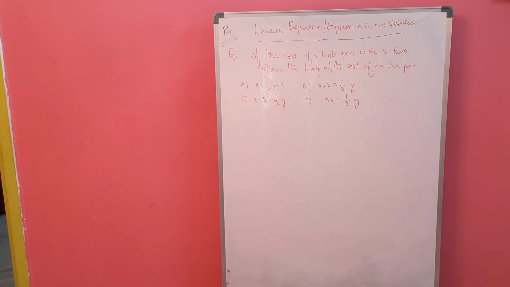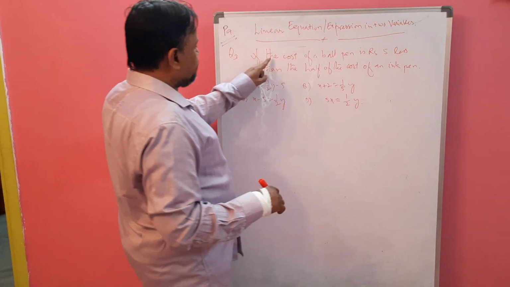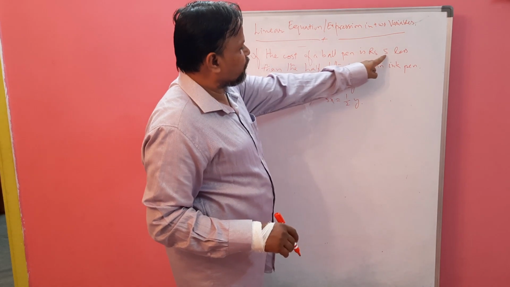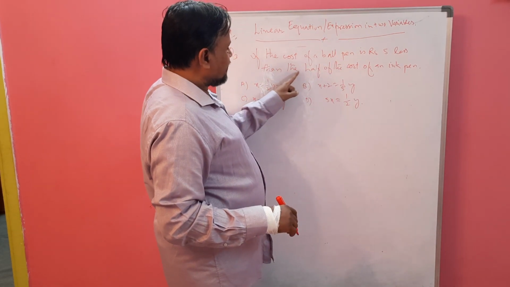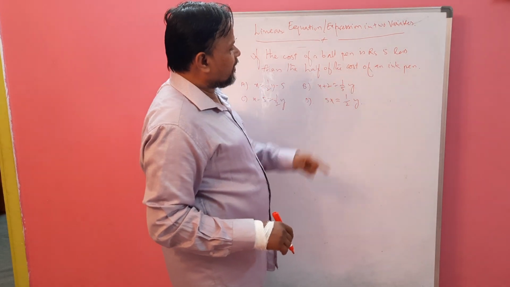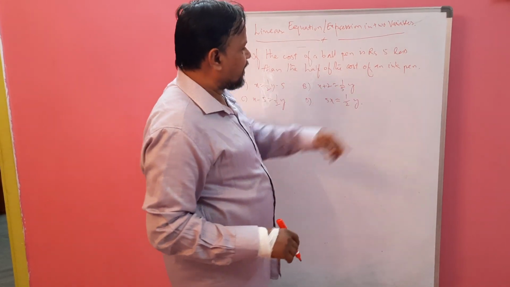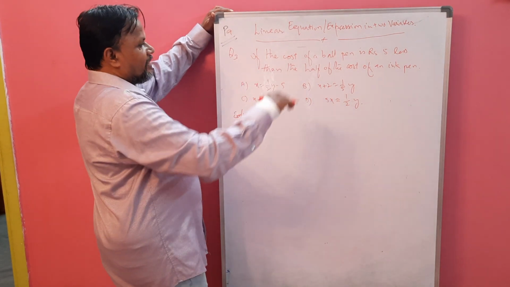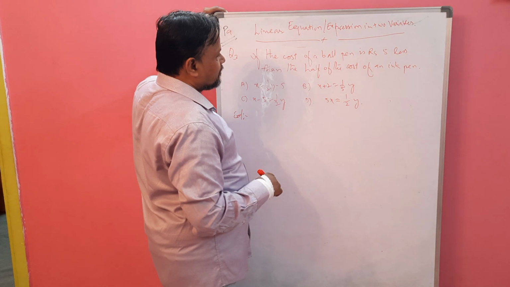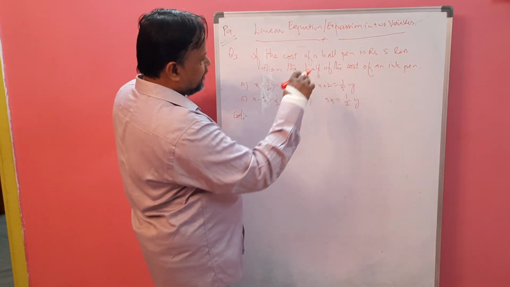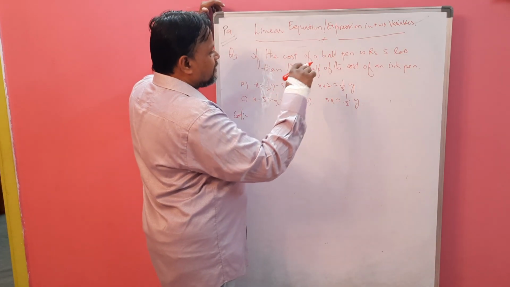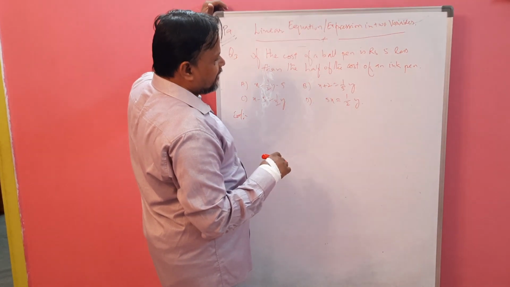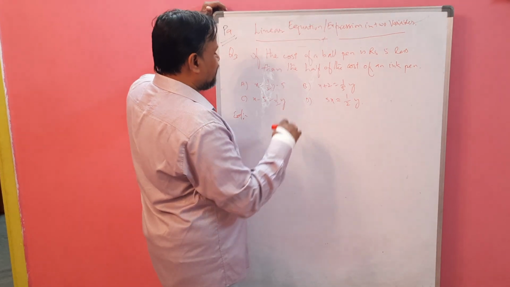Now question number 3. If the cost of a ball pen is ₹5 less than half of the cost of an ink pen. Here we first have to collect the variables, assign the variables, give the correct values to those variables and frame an equation.